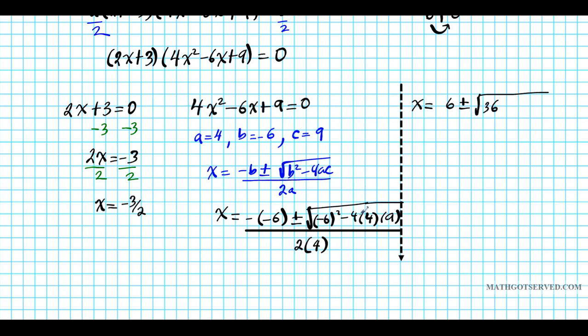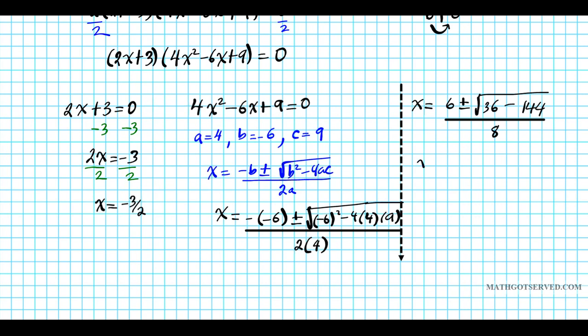Okay, so 36 minus 4 times 4 is 16, times 9 is 108. Quick correction, that's actually 144. So 4 times 4 times 9 is 144. And divided by 2a, 2 times 4 is 8.